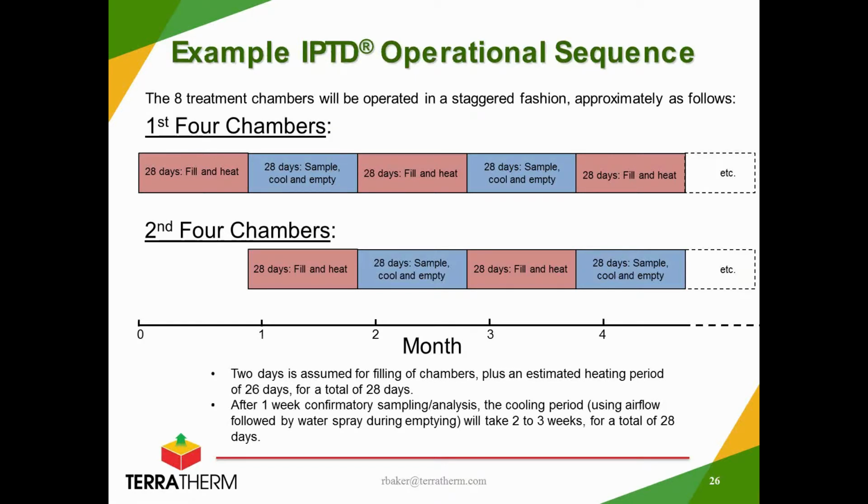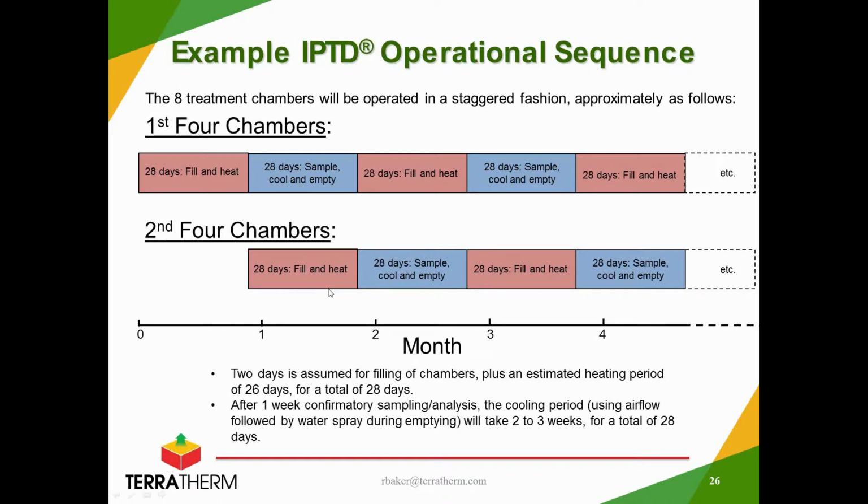And that's depicted here with, let's say, a system of 8 chambers, 4 of them operating in this fashion, approximately a month to fill and heat, and then another month to sample, cool, and empty, and then the other 4 are staggered.